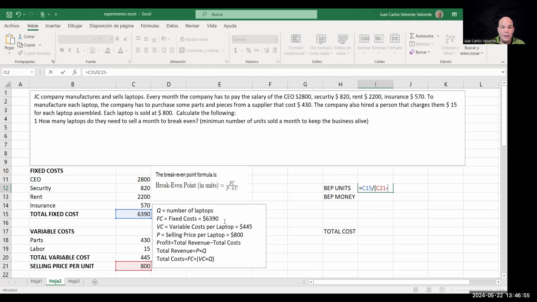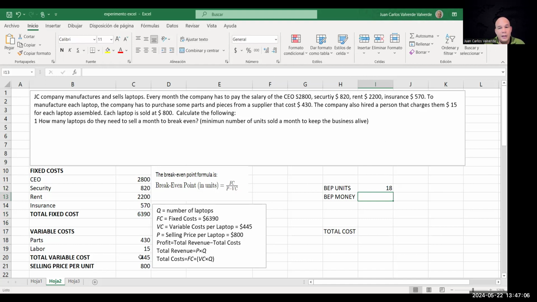Total variable cost here is $445. So 18. That means that if we don't sell 18 computers, then we are losing money. At least we have to sell 18 in order to break even. We don't get any profit, but we don't lose any money. This 18 number indicates that the company is not making a profit and not losing money. So that means that expenses equal revenue.